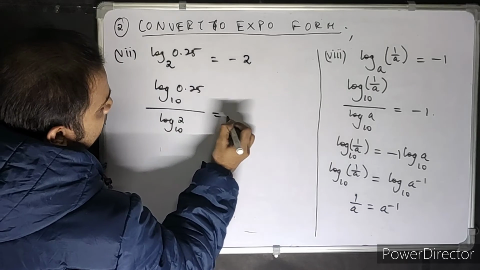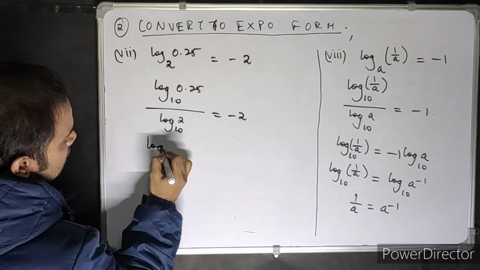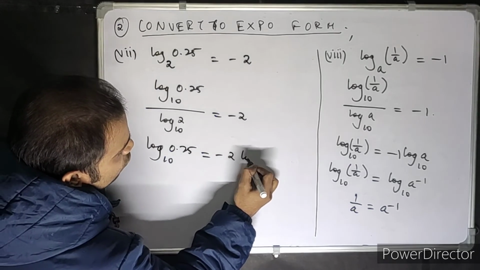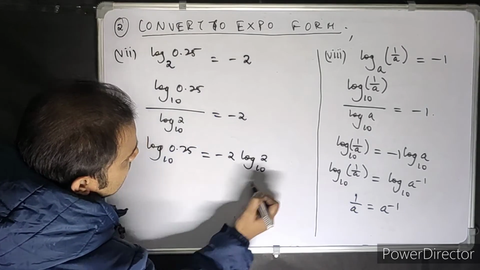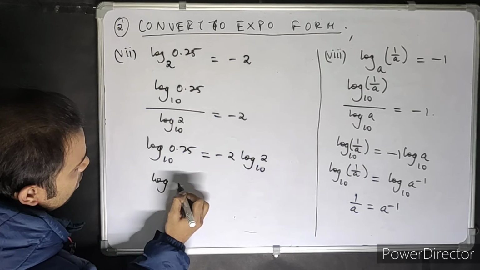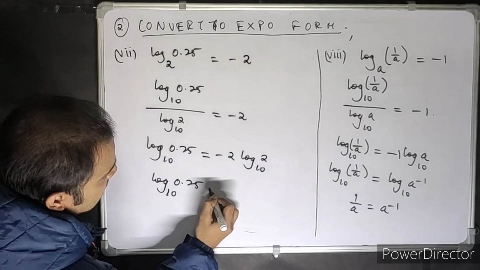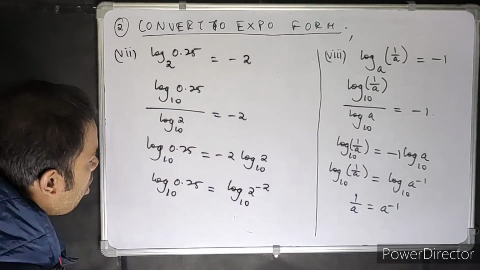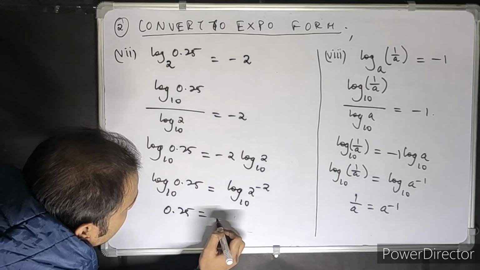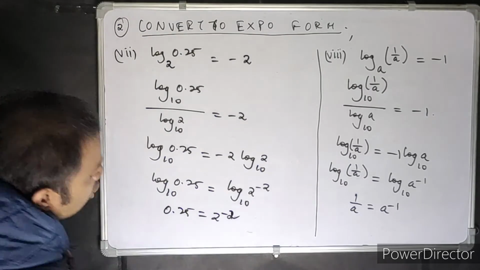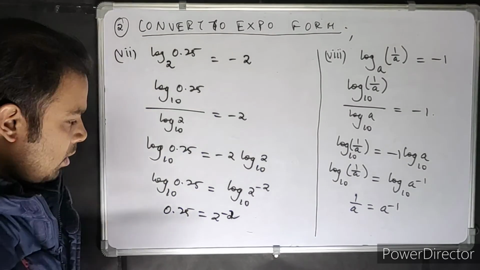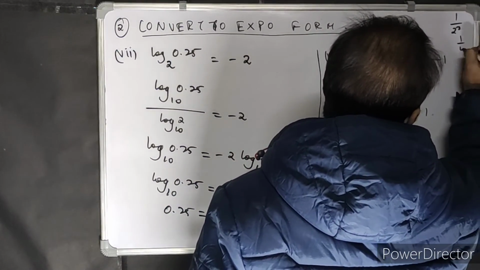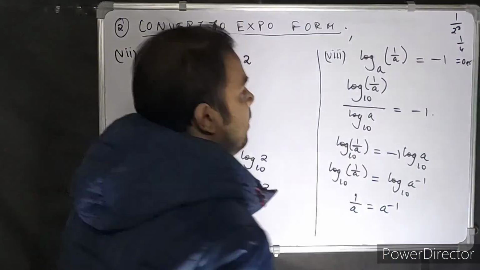Log 0.25 base 10 is minus 2 log 2 base 10, so log 2 to the power minus 2 base 10. You don't have to do all the steps. 0.25 is 2 to the power minus 2. 2 to the power minus 2 means 1 by 2 to the power 2, that is 1 by 4, and 1 by 4 is 0.25.